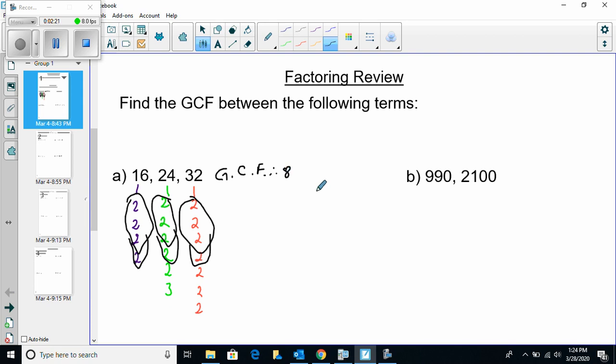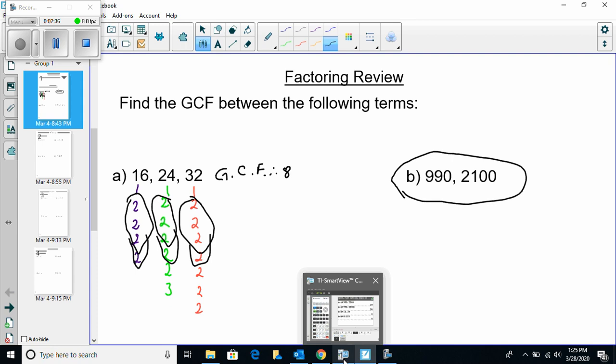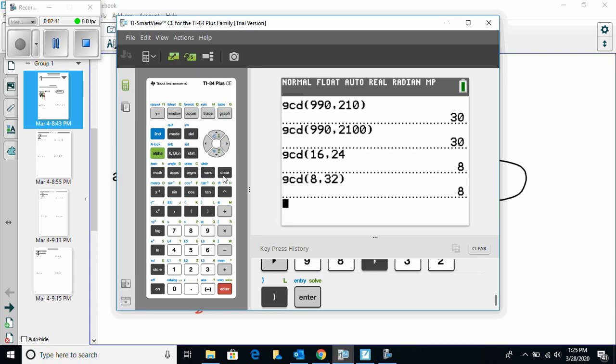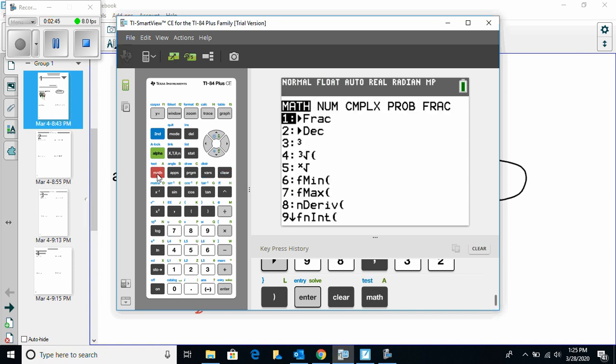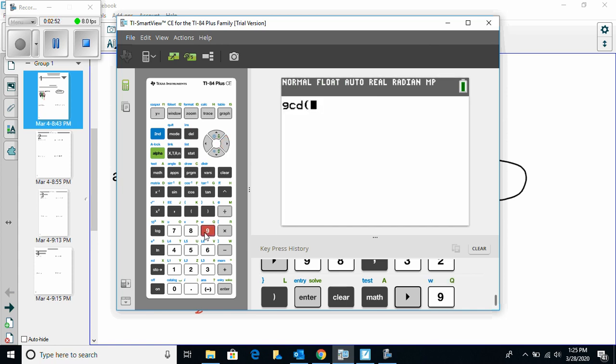When we are dealing though with large numbers like the numbers that you have on example B, 990 and 2100, what I recommend is instead of finding all those factors is actually using the graphing calculator. The way that you can use it is by selecting math and then going to numbers and picking the 9th option that you have there.